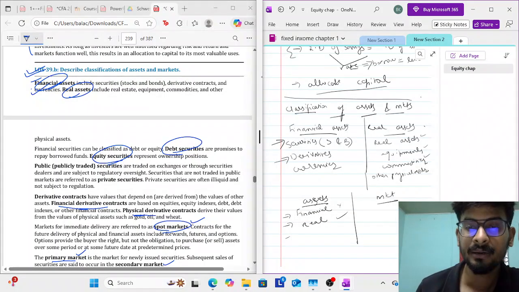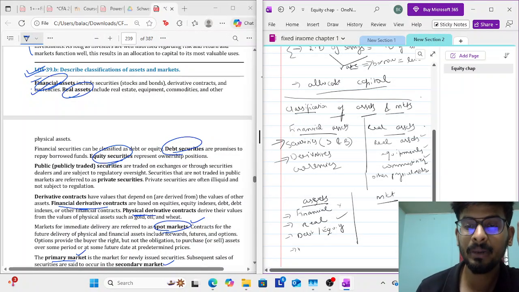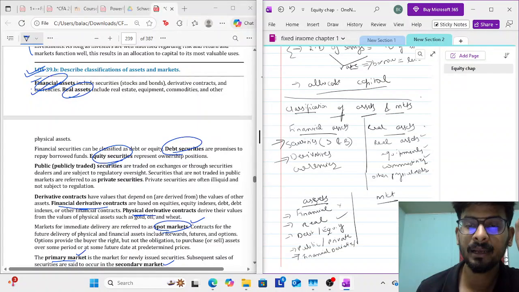There are debt securities, equity securities, public securities, and private securities. Then I learned about financial derivatives and physical derivatives. Then I learned about markets: the spot market and the primary market.